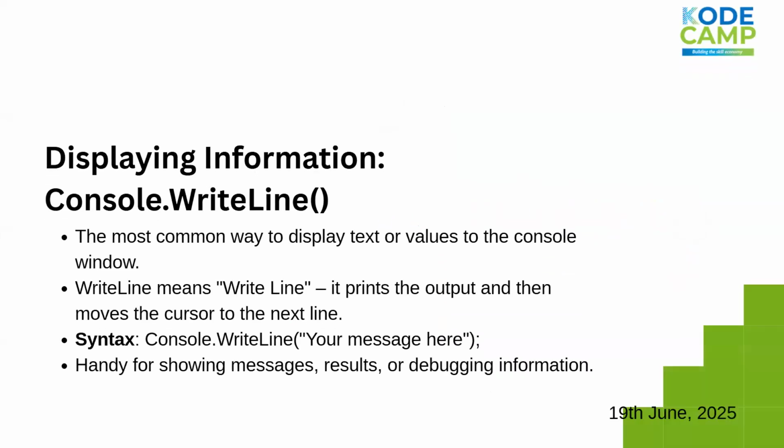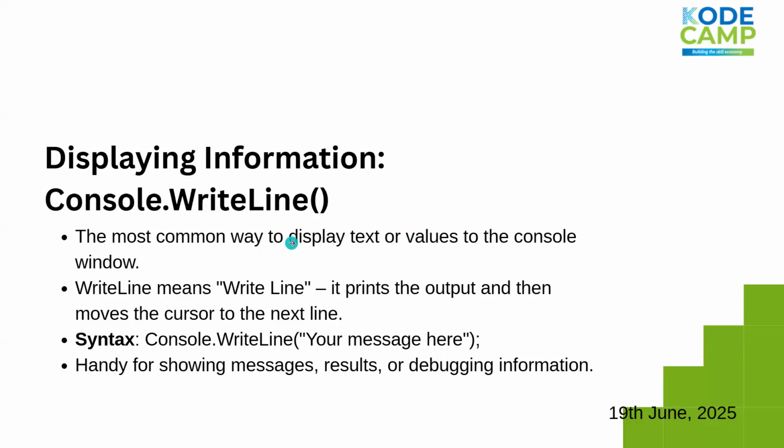So displaying information is regarded as the console dot write line. Everyone knows what this does, so I won't spend much of my time here. Like we've been practicing, the console refers to the text-based window where your program runs, right?